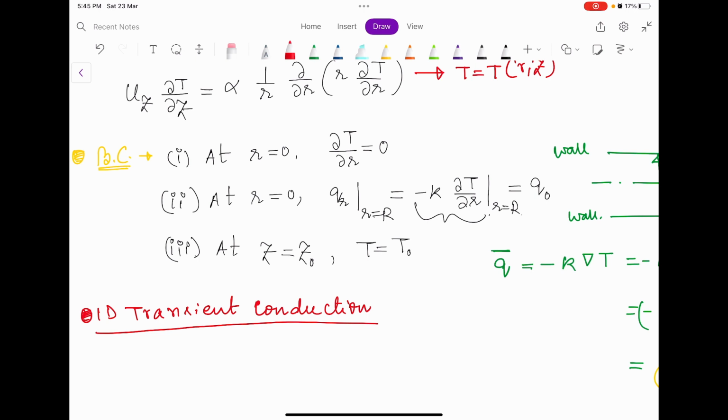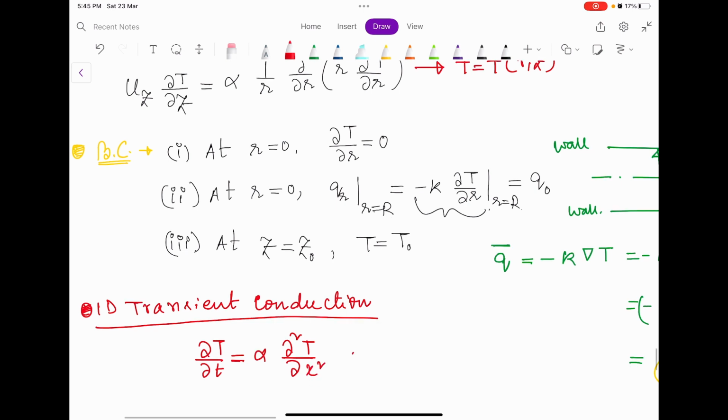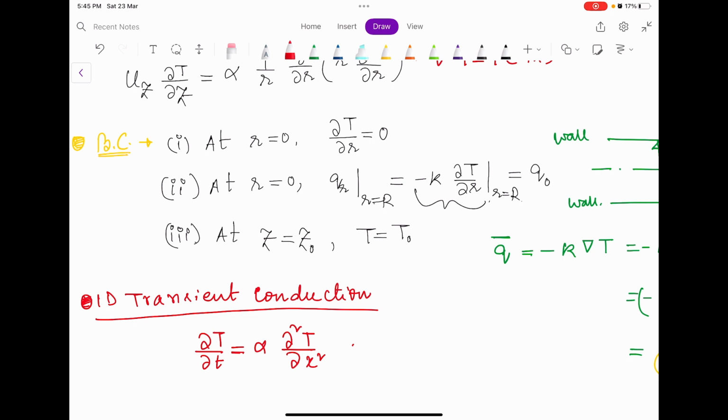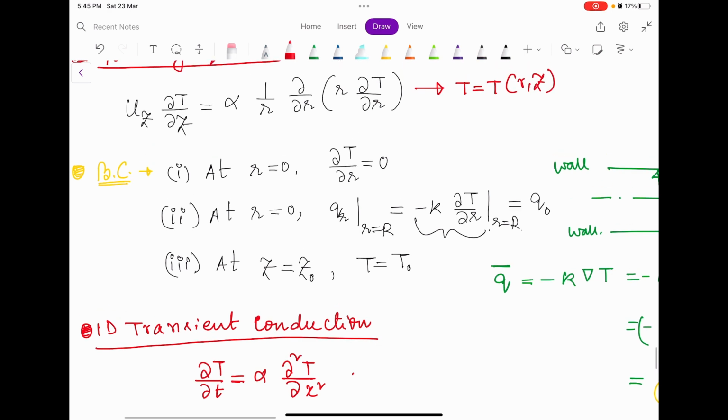So 1D transient conduction is having del T del t equal to alpha del squared T del x square. So this is the 1D transient conduction.